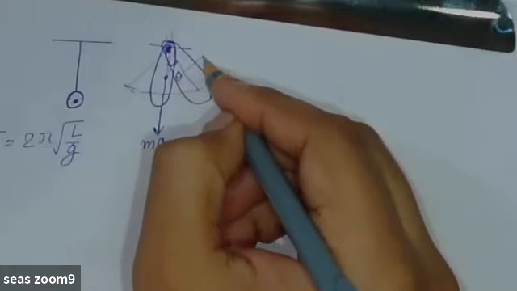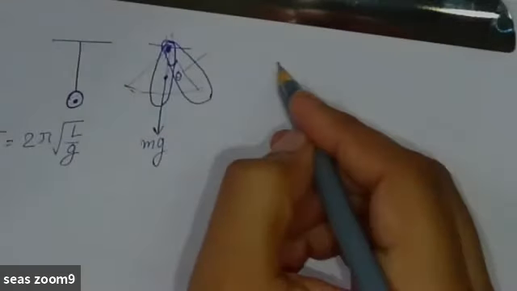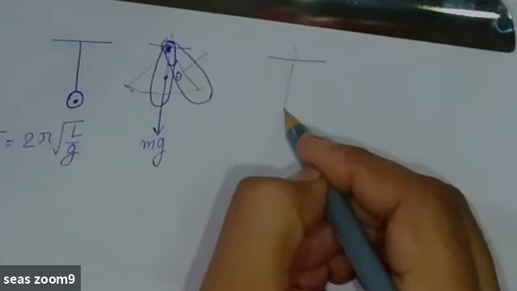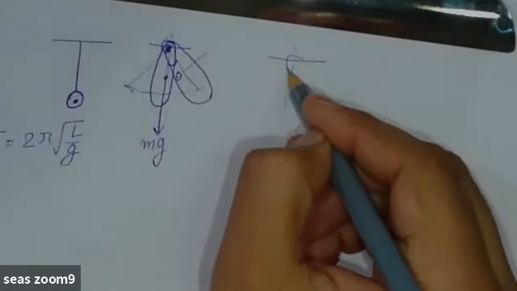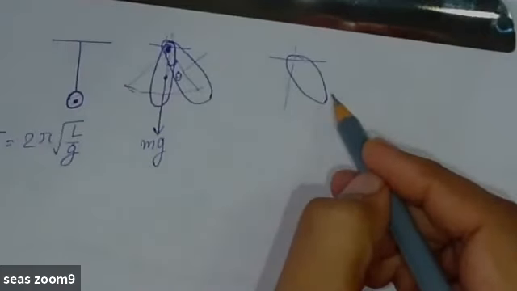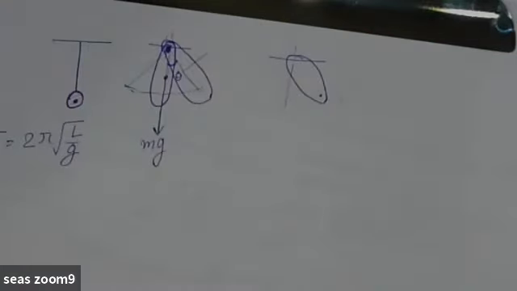This theta is actually very small, and this actually vibrates with very small theta. Let's say it comes into a different state like this when we allow it to move.